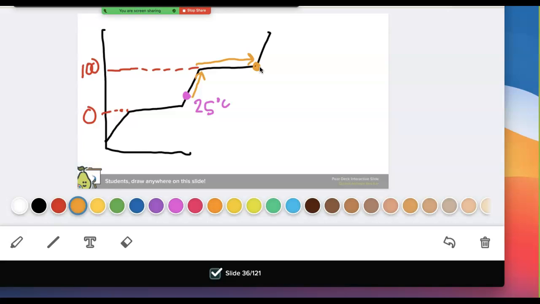The equation for all the diagonal lines is Q equals MCΔT, I'm in the liquid phase. The equation for this flat line is Q equals nΔH. I don't have delta T in there, but I call this vap because I'm evaporating. So I calculate both these numbers and I add them together. I know I only have 1 minute. Please bear with me.